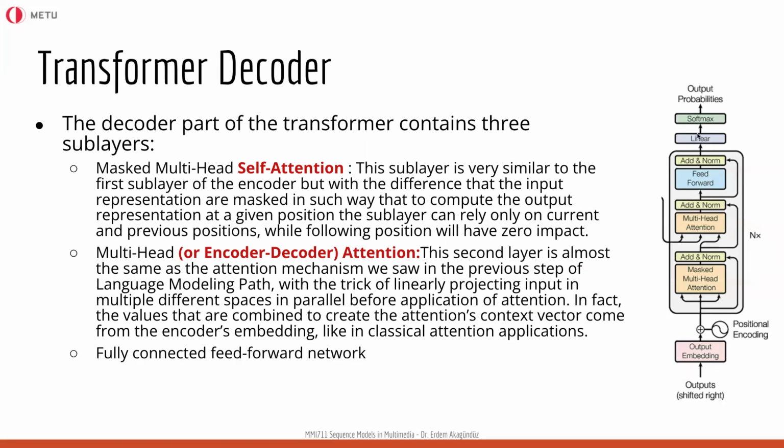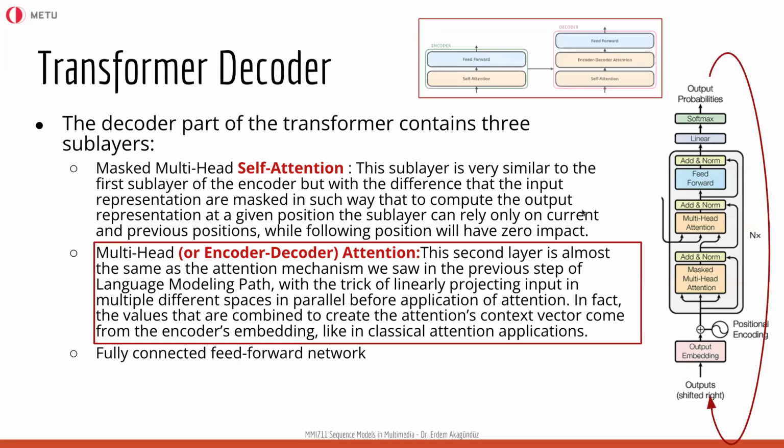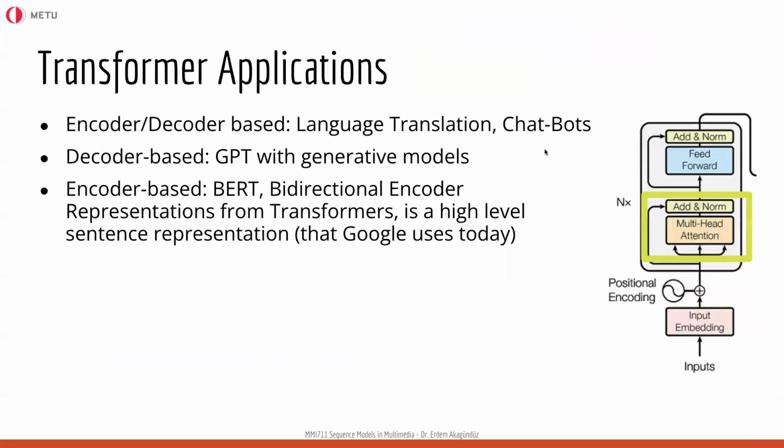And in the end, with a linear layer and a softmax, you get the output probabilities, which word to choose. But that's the decoder idea. And as you can see, self-attention, feed forward, self-attention, encoder-decoder attention, feed forward. So it's kind of an attention-based encoder-decoder model. I mean, this is a simple way of putting it.